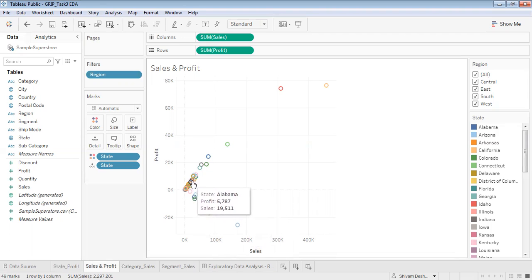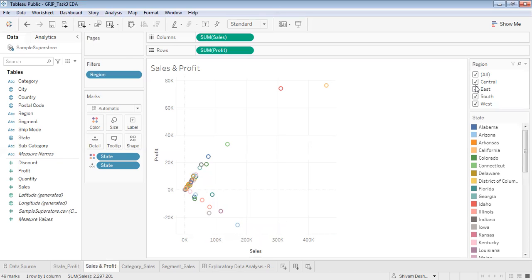Now these states are performing good, not exceptionally well like those. Georgia, Michigan, Washington are at the top in sales as well as profits. These are performing relatively good compared to the others, and we have to look at the profit and sales in these states. Here the region filter has been used.